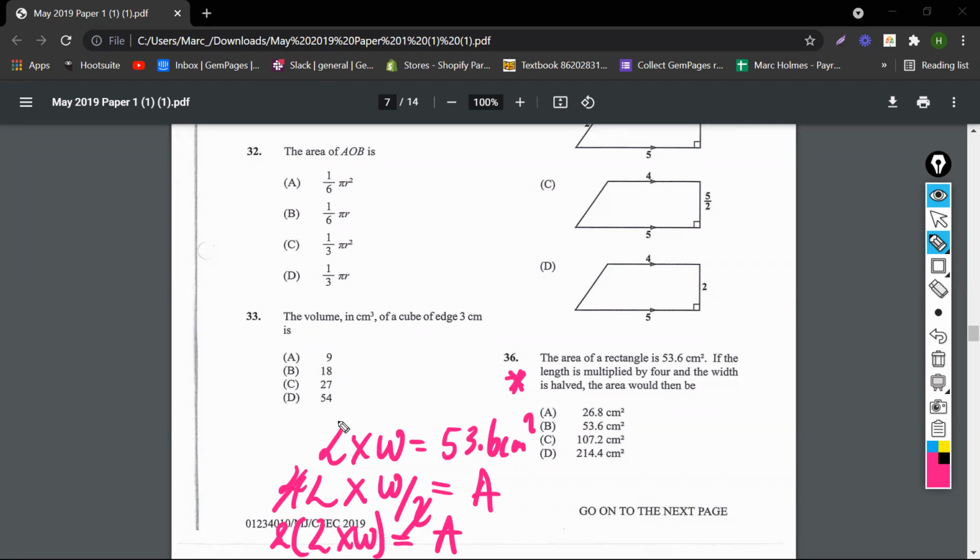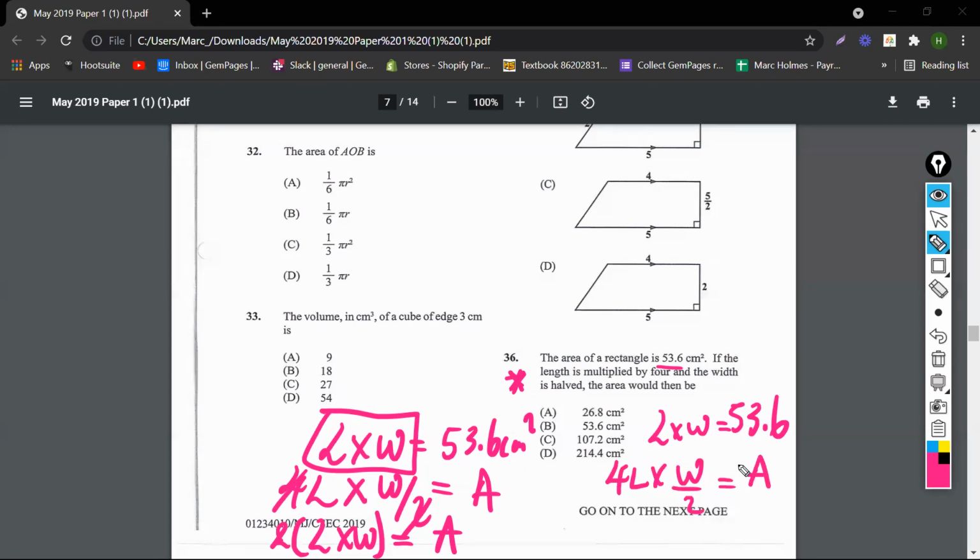But remember, guys, we already found L times W. L times W is equal to 53.6. So if we end up with the second one that they showed here, 4L times W over 2 is equal to A, and we don't know what A is, this 2 would cancel into this 4 to leave 2 times L times W is equal to A. But we know L times W is already 53.6.